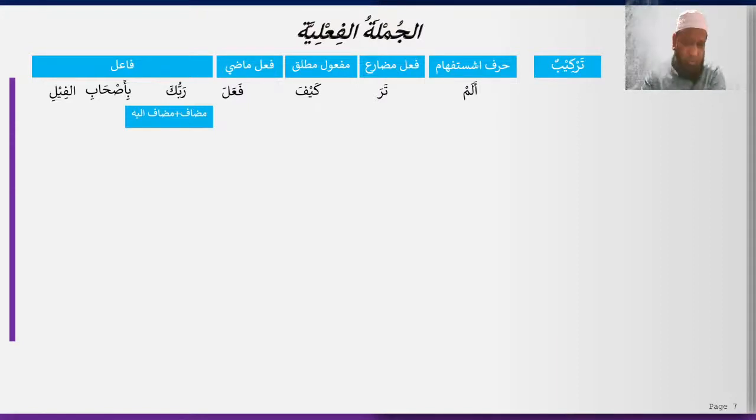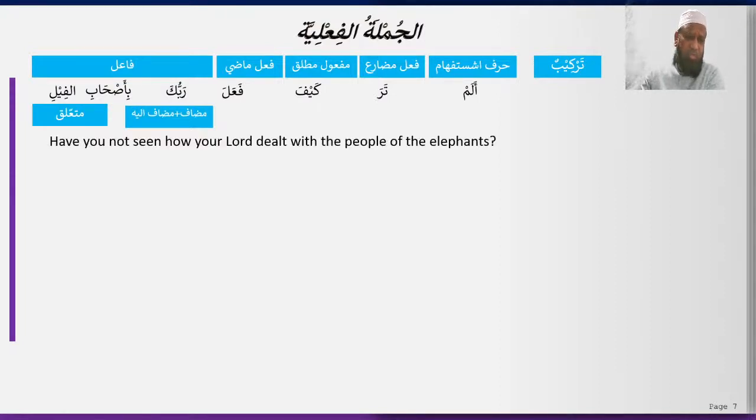Then in the slot of مجرور we have مضاف مضاف إليه. Okay, so that will be متعلق. So in متعلق we have jar مجرور. In the slot of مجرور we have مضاف مضاف إليه. So the translation is, have you not seen how your Lord dealt with the people of the elephants?